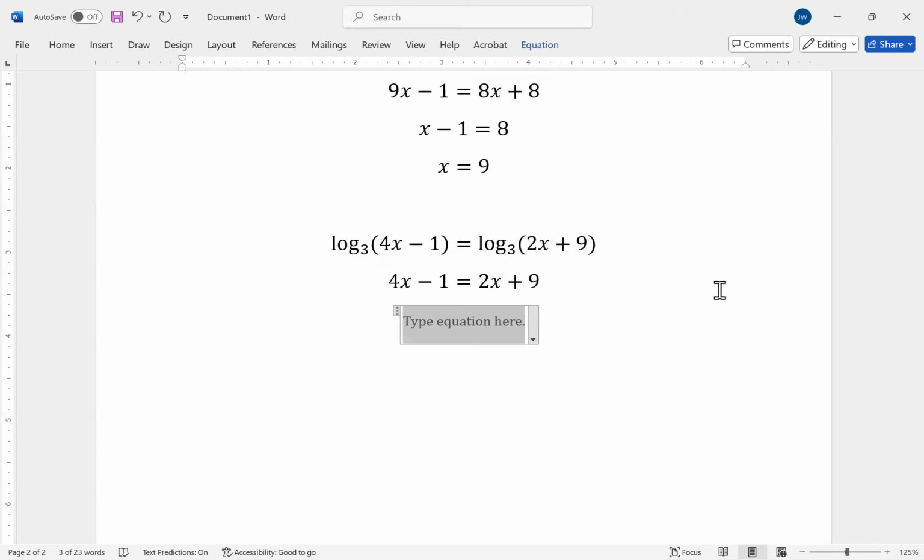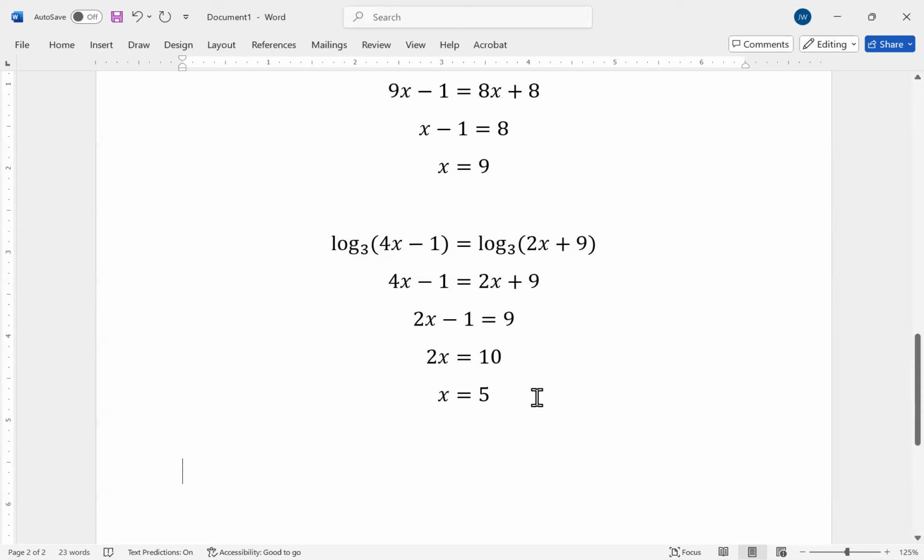And then solving like we've done before. Subtract 2x from both sides. That would give me 2x minus 1 is equal to 9. Add 1 to both sides. That would give me 2x is equal to 10. And then divide both sides by 2. That would give me x is equal to 5.